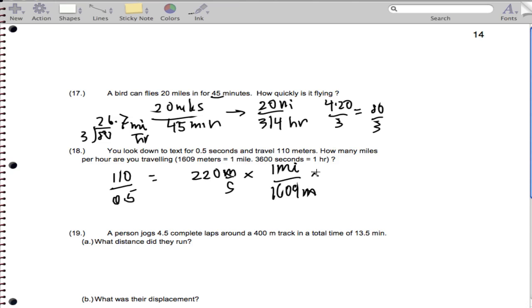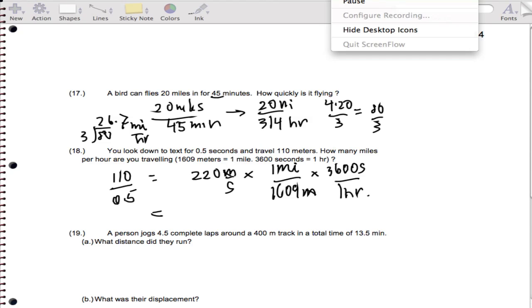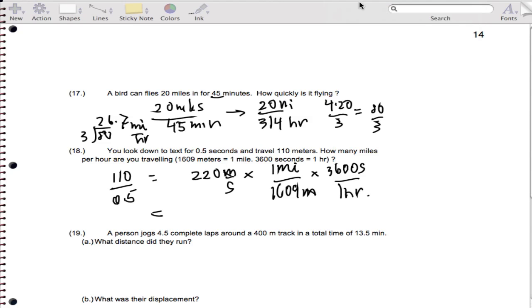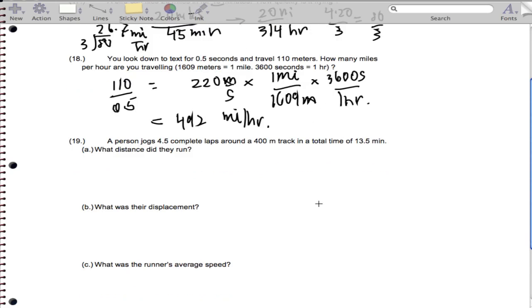And then 3,600 seconds is 1 hour. So now I can use that to get my speed in miles per hour. This works out to like 492 miles per hour. So I guess we're like on the bullet train or somewhere in Las Vegas doing some crazy stunts.